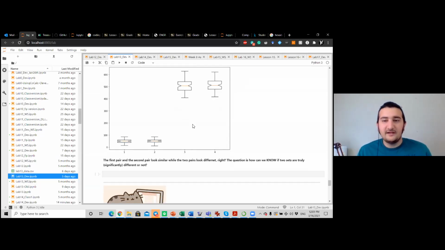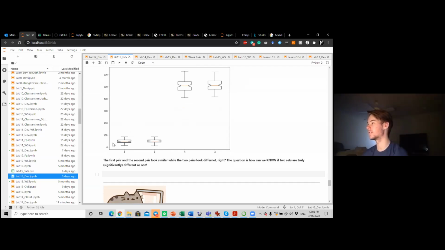And then we said, how can we know if two sets are truly or significantly different or not? And then I said, this is going to be a special gift for Caden, who was really interested in the word significantly. Well, so, Dang, you can use the hypothesis test.